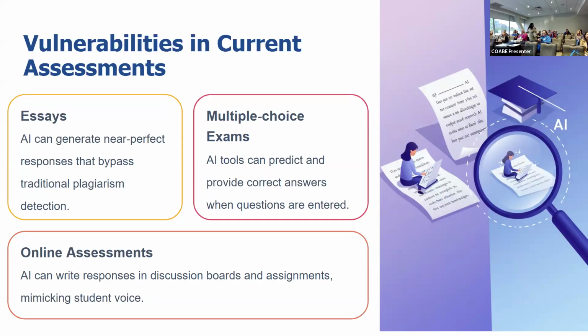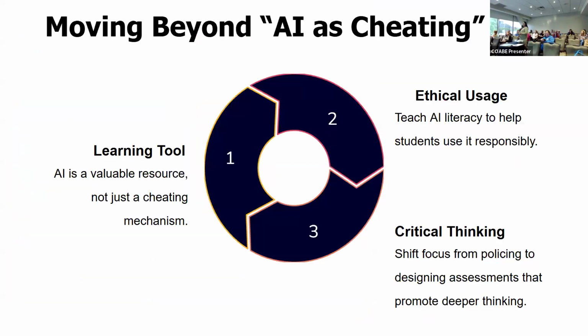Can everyone see? Okay. So I want to change our mindset. I want to move beyond the idea that using AI is cheating. Okay? I want to help us get into a mindset that AI can be used as a tool.